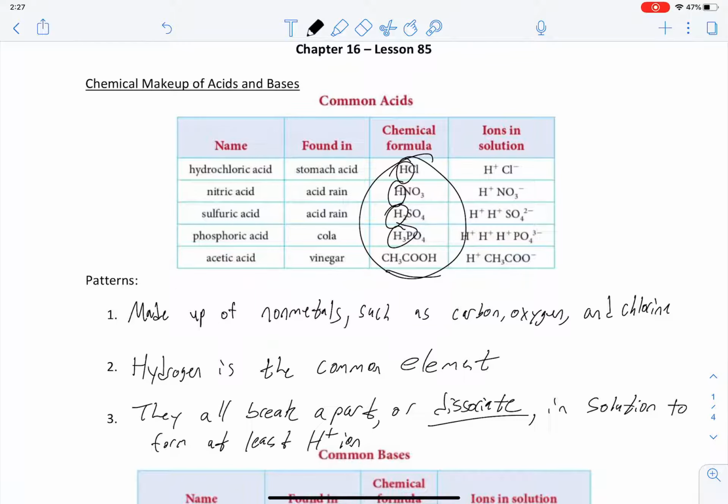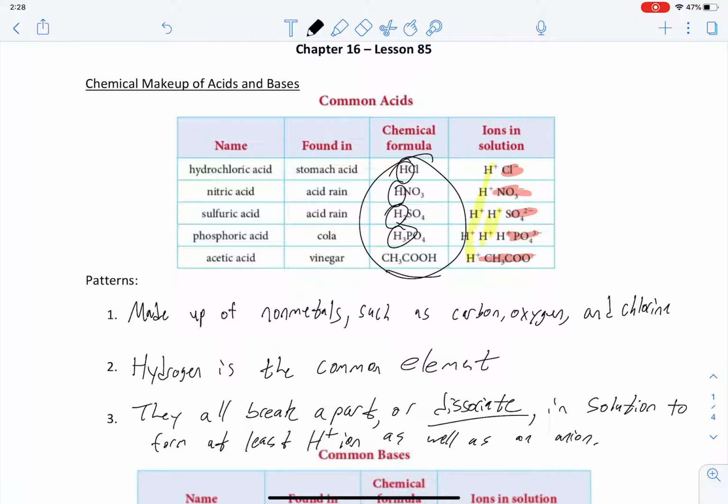We see that on the left-hand side here. We have at least one H+ ion in each solution, as well as an anion. Anions are the negative charge ones, and each one we can clearly see has one of those in there. Okay, so again, we want to look for indicators in formulas to determine if solutions are acidic or basic.